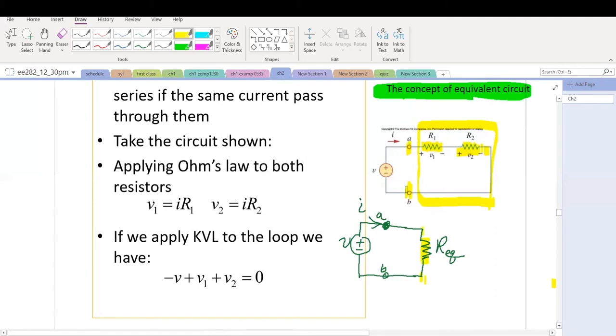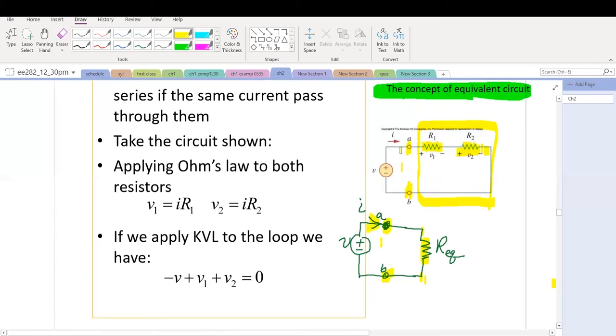and B here. We want these two circuits to have the same terminal voltage and the same current flowing into the terminal.